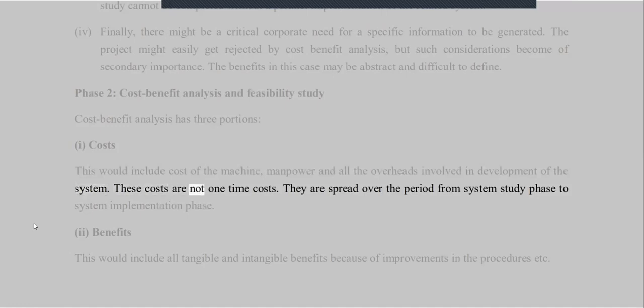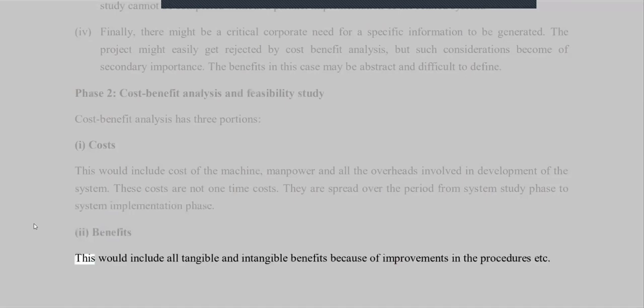These costs are not one-time costs. They are spread over the period from the system study phase to the system implementation phase. 2. Benefits. This would include all tangible and intangible benefits because of improvements in the procedures, etc.